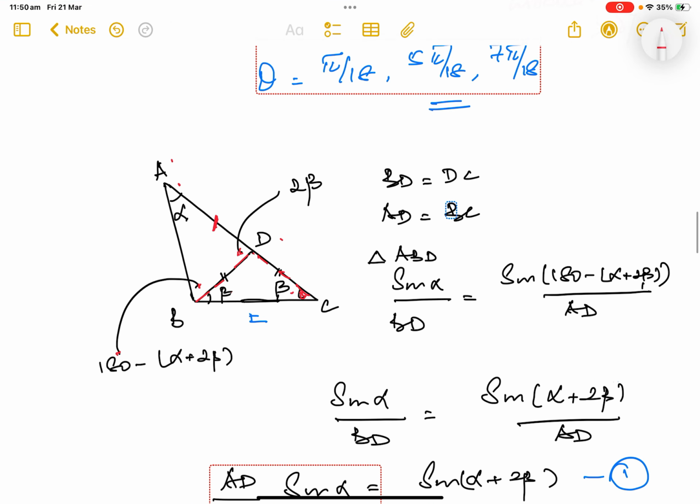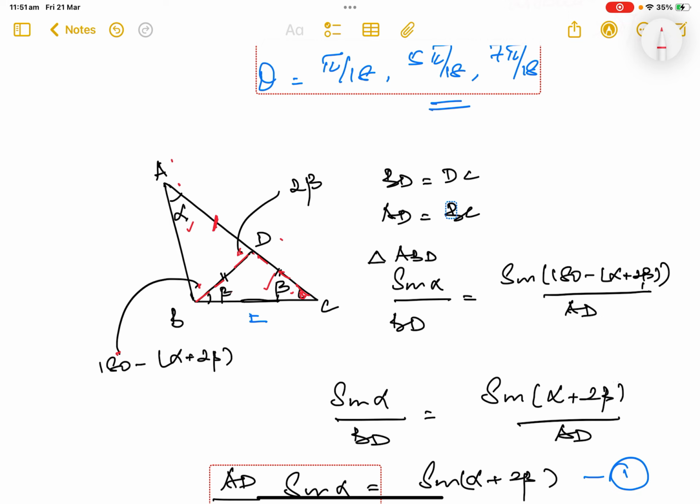So I've got a triangle ABC, and I drew it a few times to get the perfect triangle which fits our input. So this is ABC. The angle BAC is given, it is alpha, and angle BCA is given, beta.